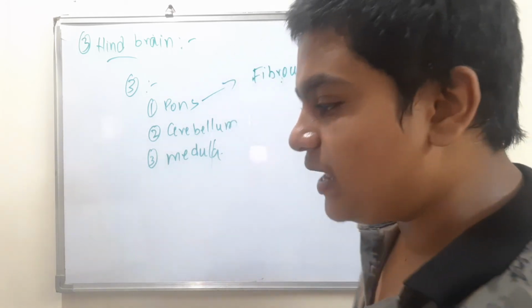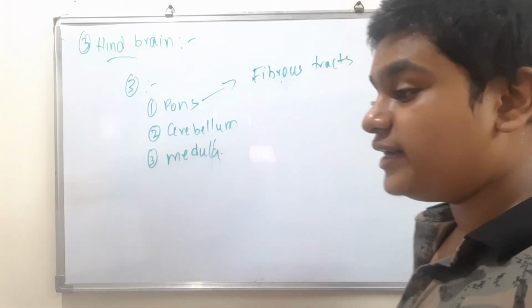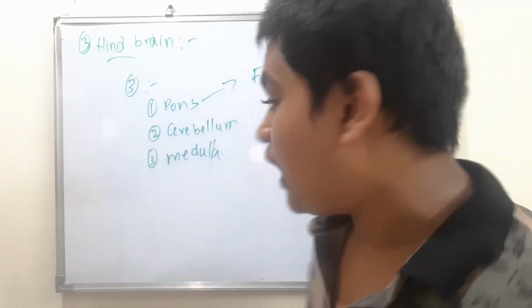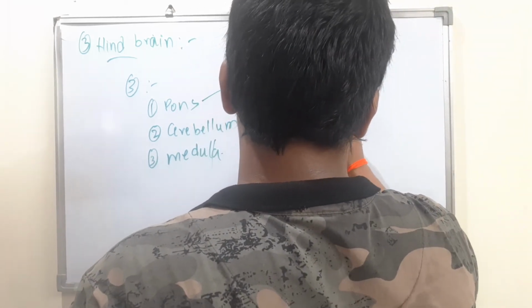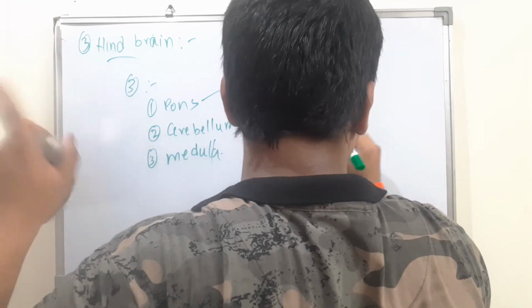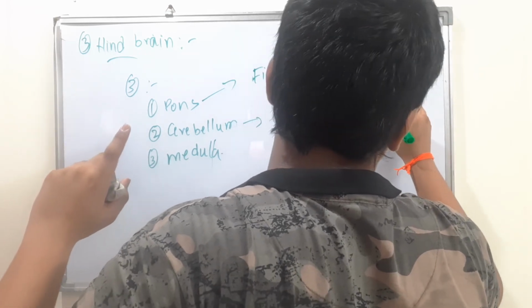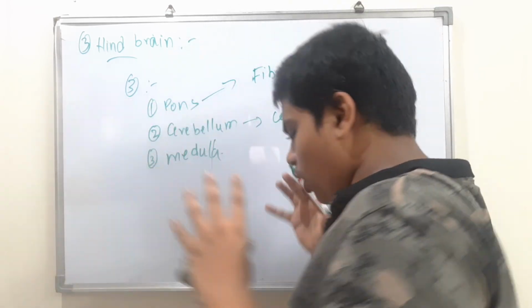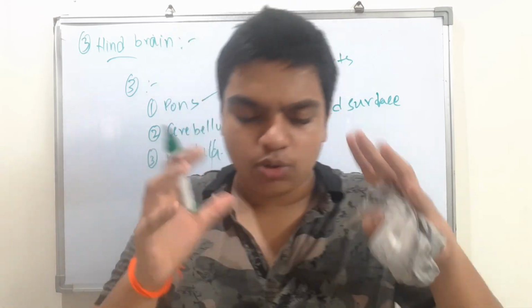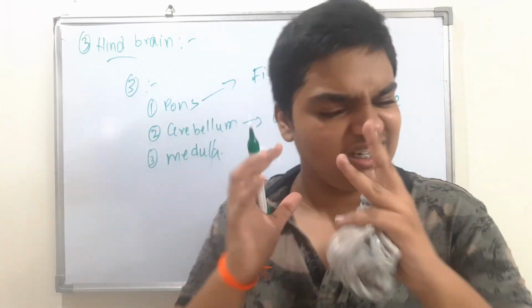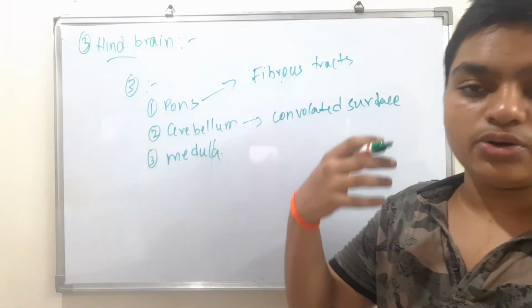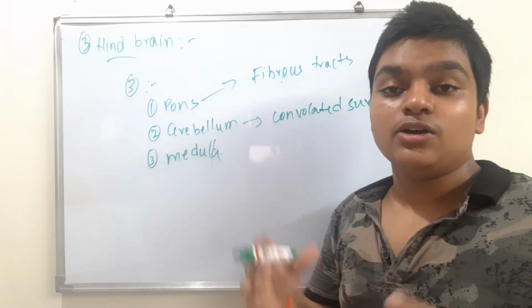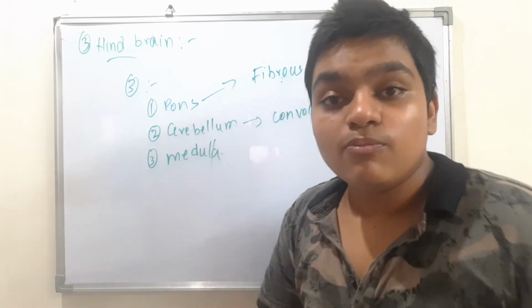Next one, cerebellum. It has a very convoluted surface. You have to remember this, convoluted, not the cerebrum but the cerebellum. It has a very convoluted, highly coiled surface, in order to increase the surface area for the accommodation of more neurons.